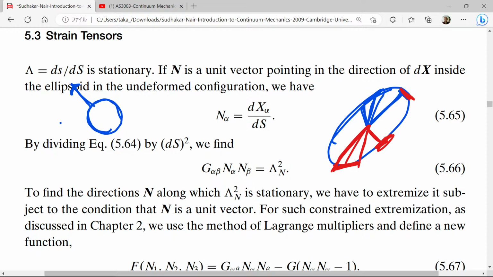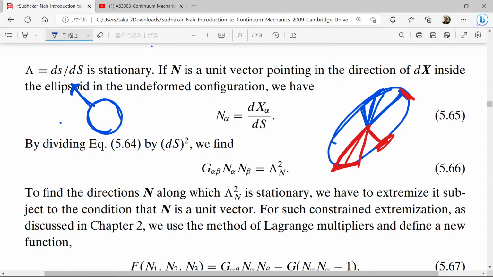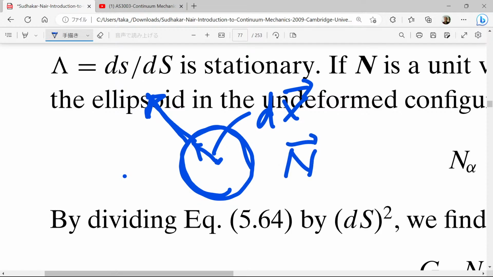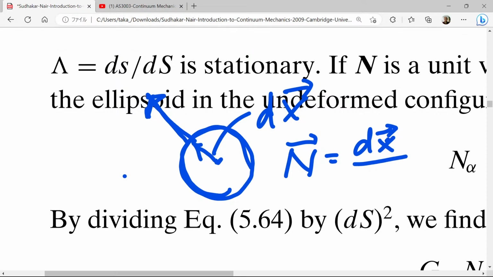Okay, so this is dx. This is the dx vector. And if we want to know the unit vector, this is like this, dx, you divide by ds.